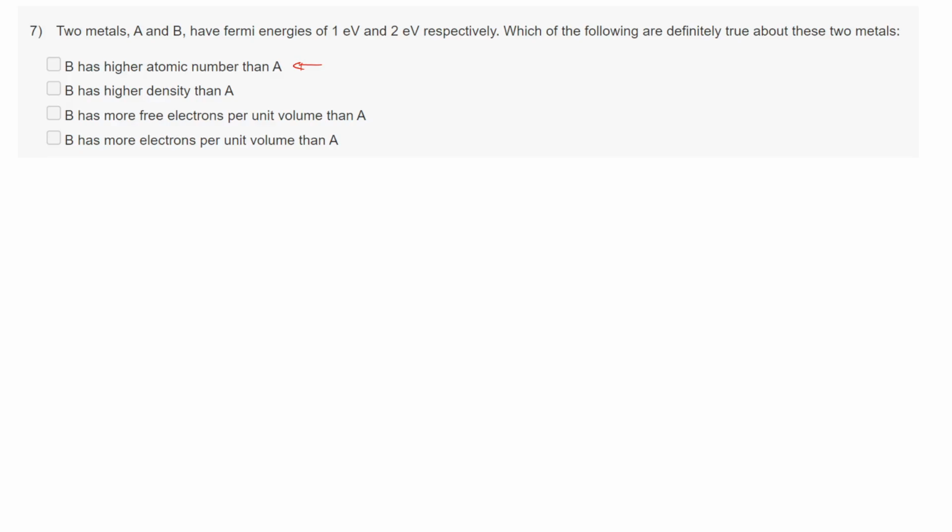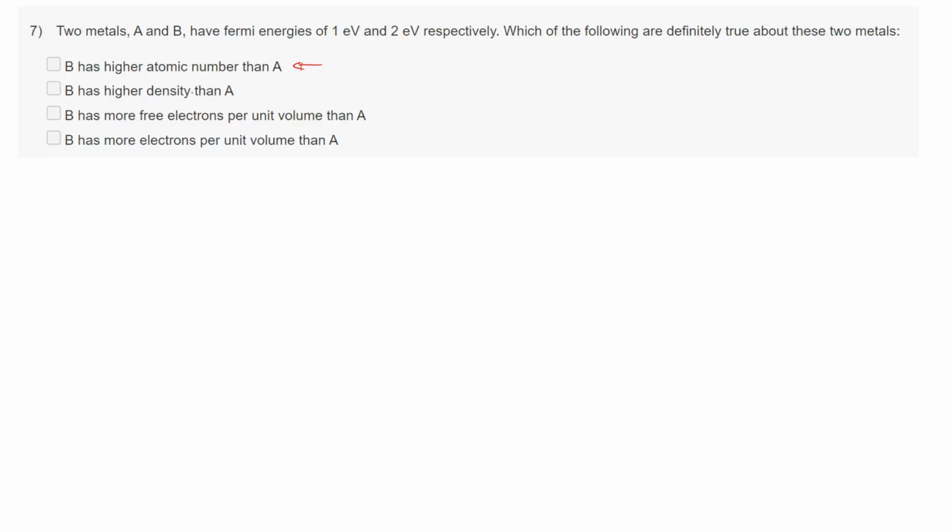So the crystal structure and the availability of free electrons, the number of electrons that are there, that will in fact determine your Fermi energy. It is not the atomic number itself. Okay.